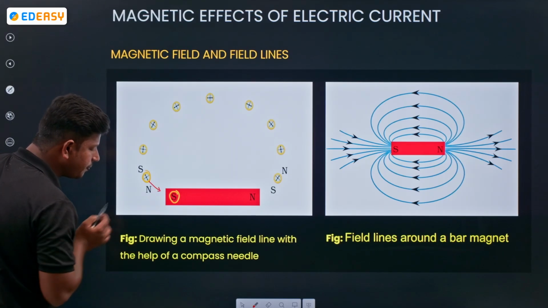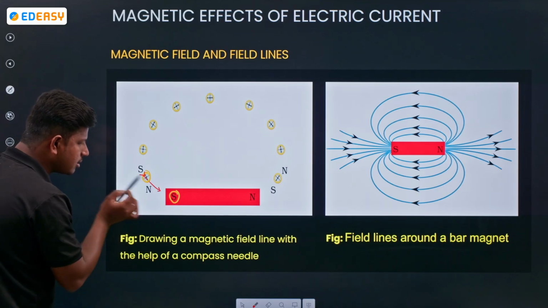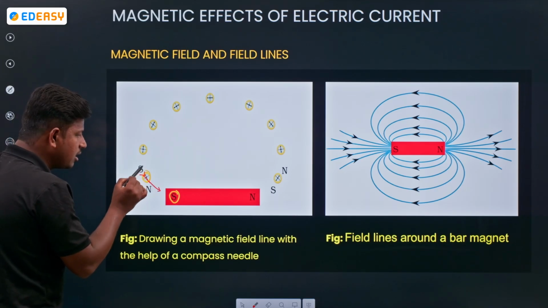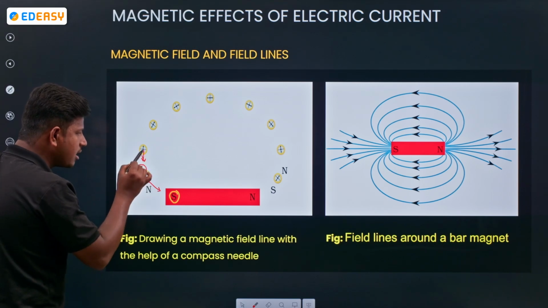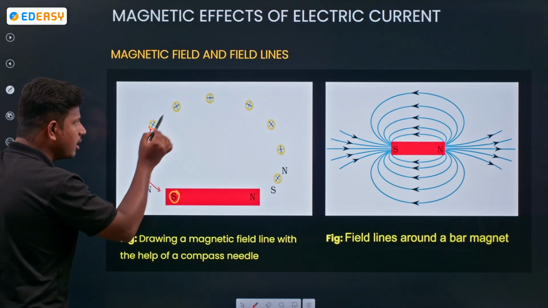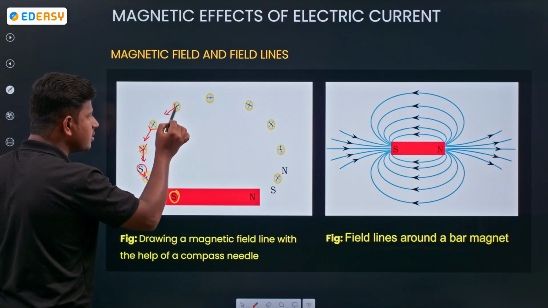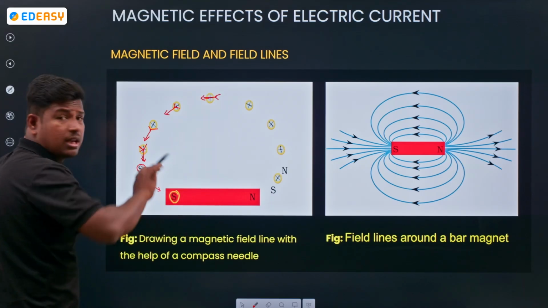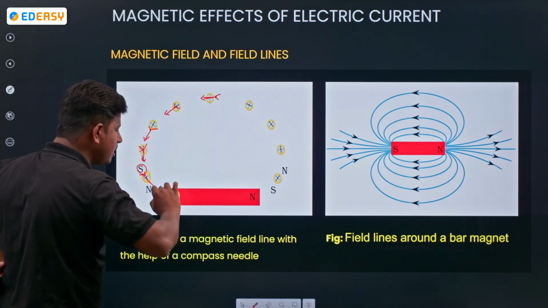North pole, and the south pole will be like this. Similarly here, this is the south pole, and again here the north pole comes, again south pole like this. Again like this. So look at the arrangement.